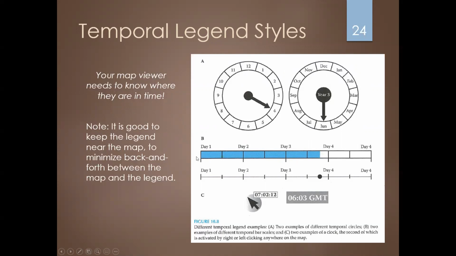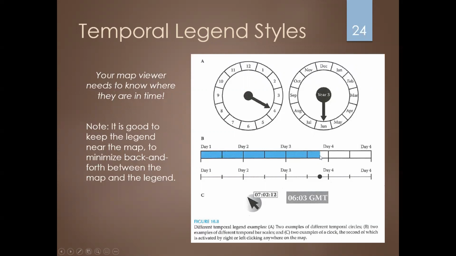You can also use a traditional scale bar to do that. This scale bar is using a blue bar to show you the progress of the animation, from day 1 to day 2 to day 3 to day 4, and more frames for day 4.